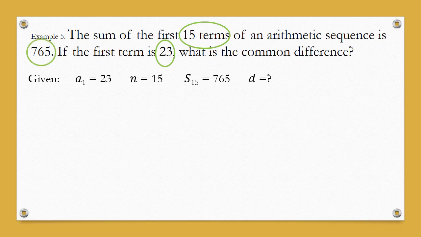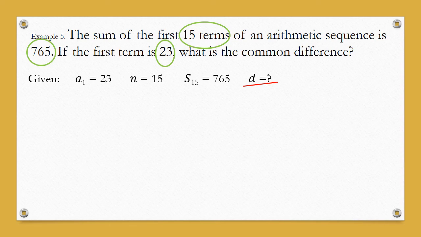That will be your value for S sub n or S sub 15, because you only have to solve for 15 terms. So now, what we need to find is d, or the common difference.